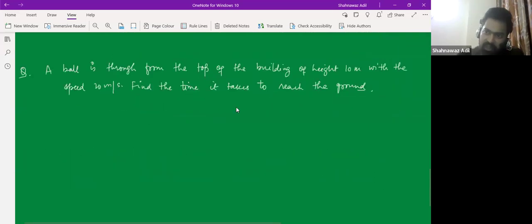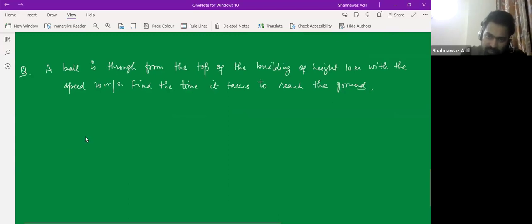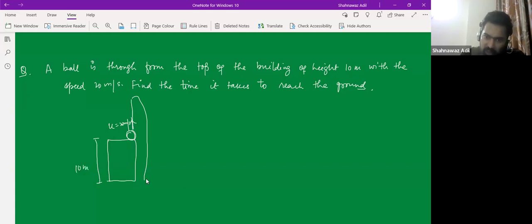Right. So we have to find the time it takes to reach the ground, and these are the things that we know already. So you have this building, and from this building the ball is thrown. This goes over here, and then it falls. So u is 20 meters per second, and this height is 10 meters, and this ball reaches here.